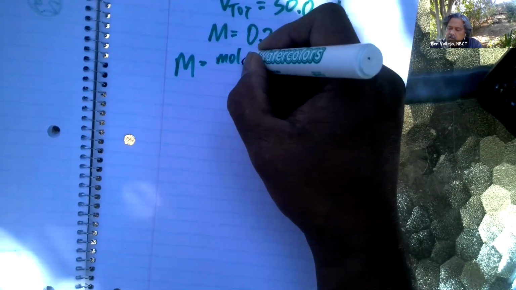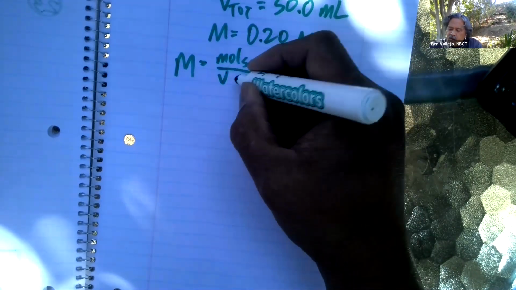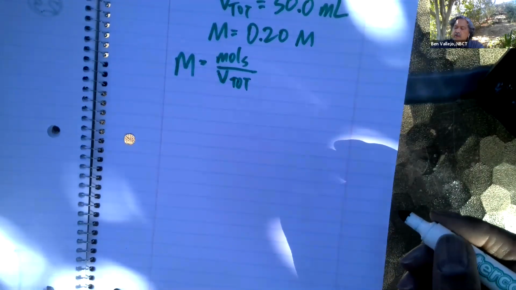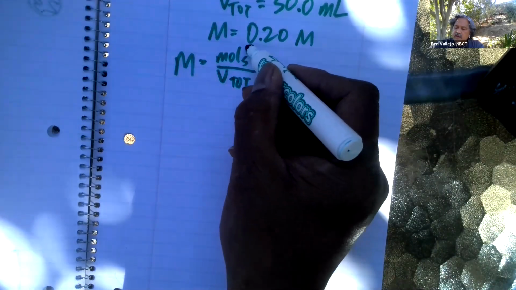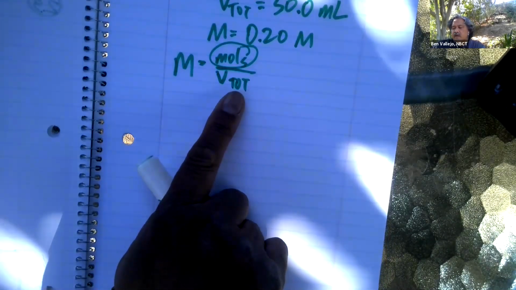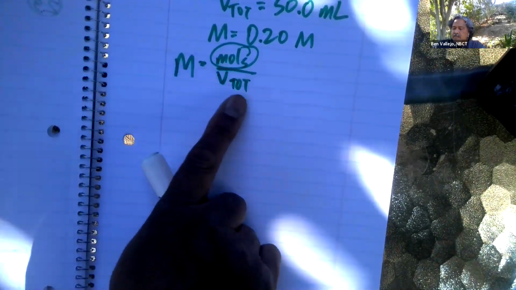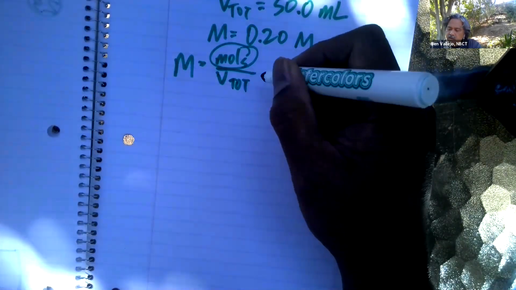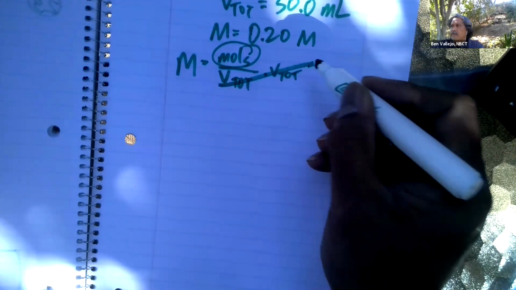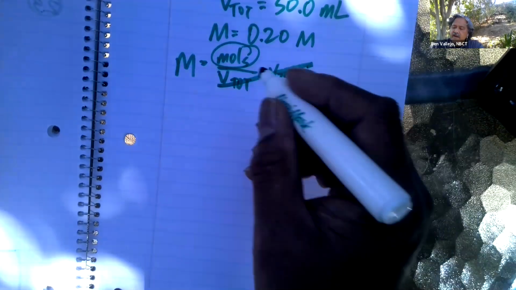Remember that molarity is equal to moles of solute over the total volume of the solution. So what we want is moles of solute. To get this all by itself algebraically, all you have to do is multiply both sides by the total volume, which cancels the volume of the solution on one side.